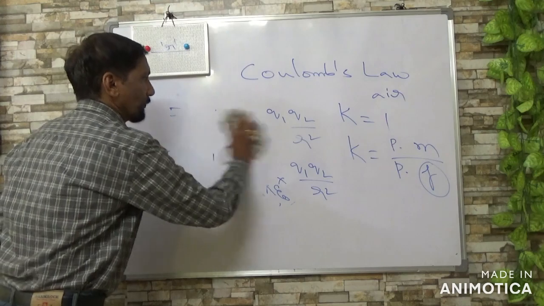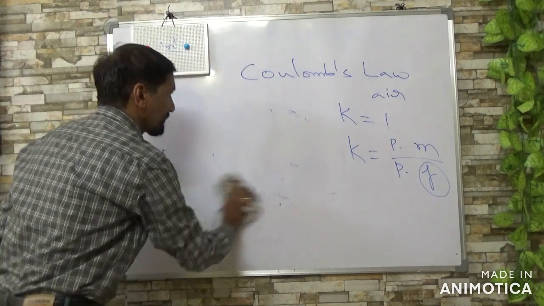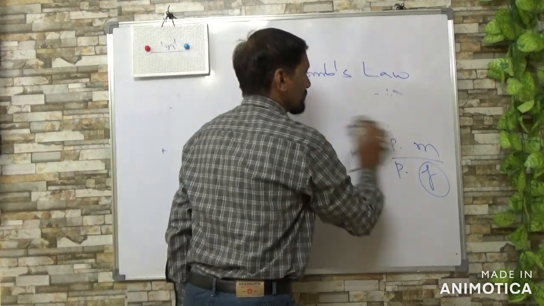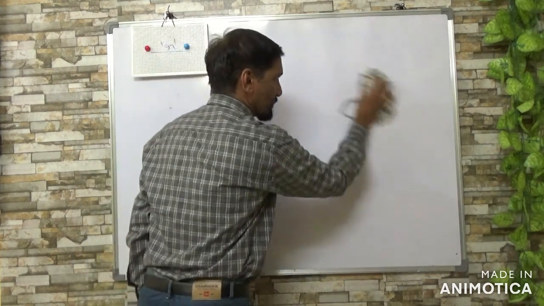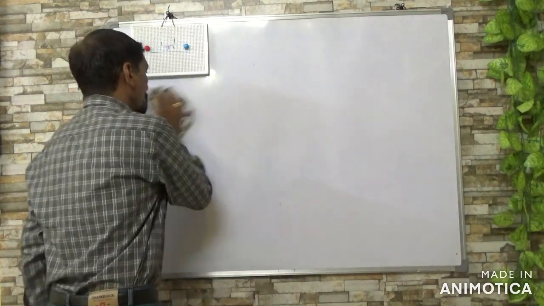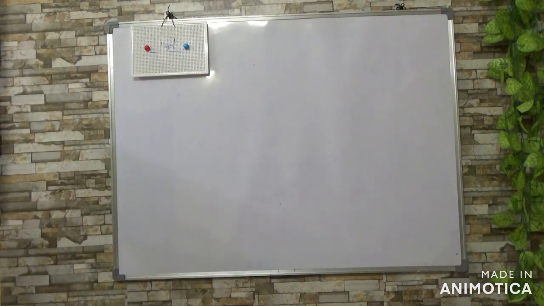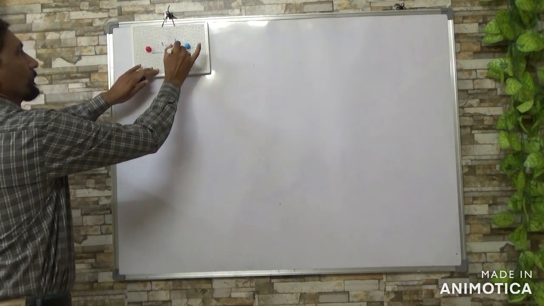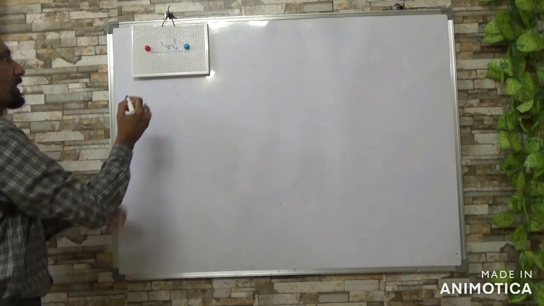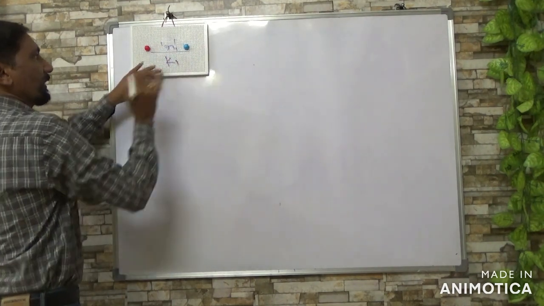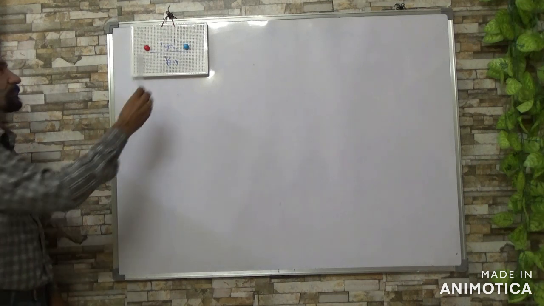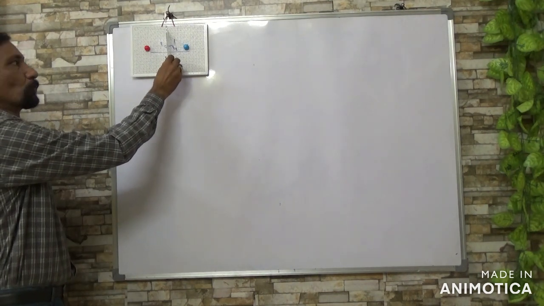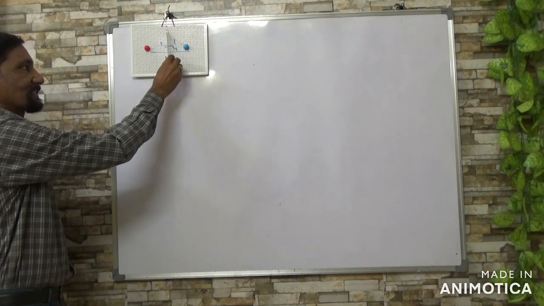Now let us suppose there are 2 point charges separated by a distance, say r1, in a medium of dielectric constant k1. Say between the 2 point charges you have taken glass.